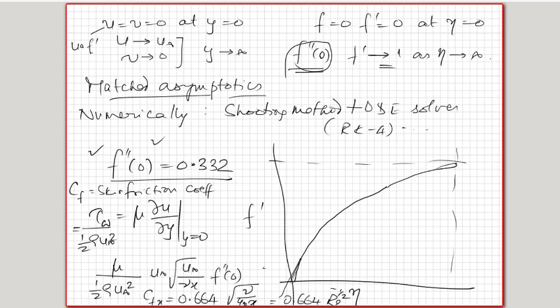Now, if I look at the energy equation next, because I need to get the boundary layer solution for the energy equation, then I'll have to start with u del T by del x plus v del T by del y is equal to alpha del squared T by del y square.